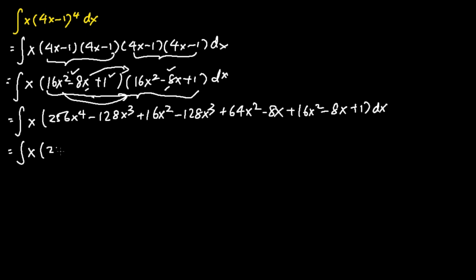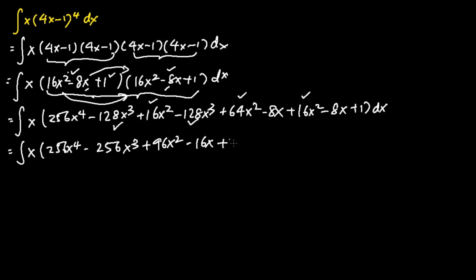We have 256x to the power of 4. And then we worked on the x cubed term. It's also minus 256x to the power of 3. And then we have the x squared, which is 16 plus 64 plus 16. So this gives me 96x squared. We next focus on the minus 8x minus 8x, which gives me minus 16x.